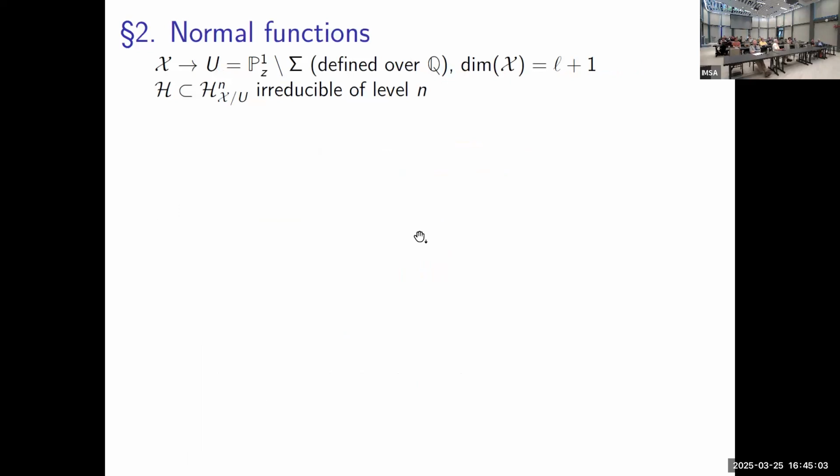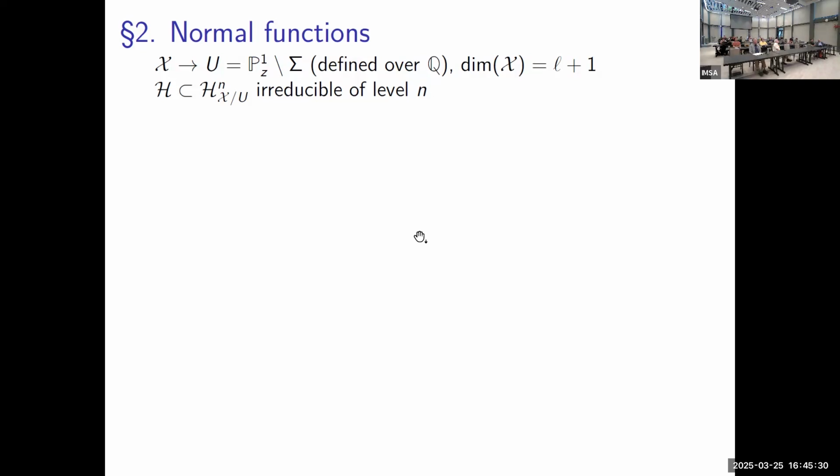I'm going to start with just a one variable family of varieties of some dimension L. In fact, I'm even going to take them to be over a punctured projective line with variable z. And then I just consider the L cohomology of the fibers. Sorry, there are typos because I made these slides today.